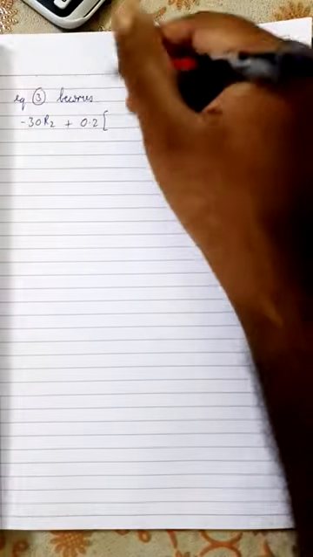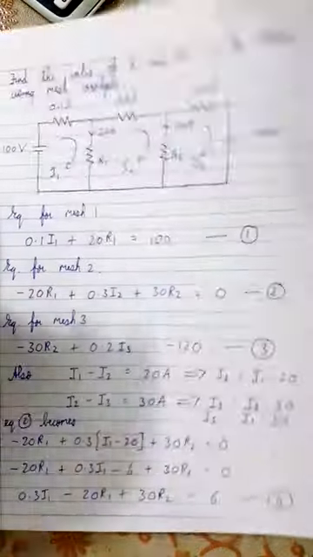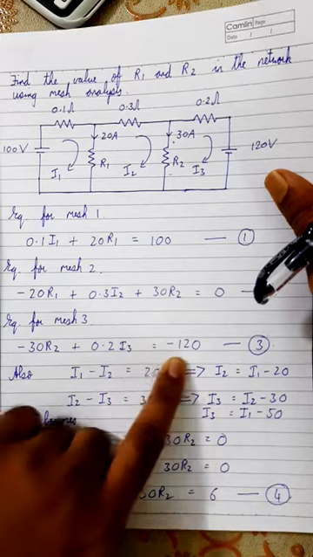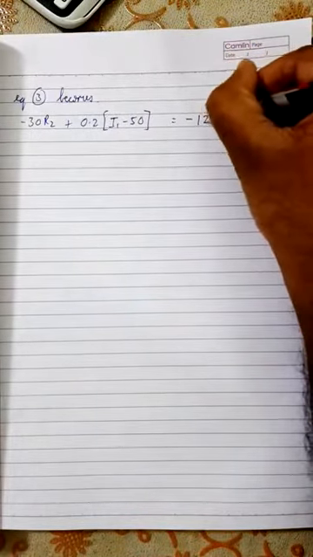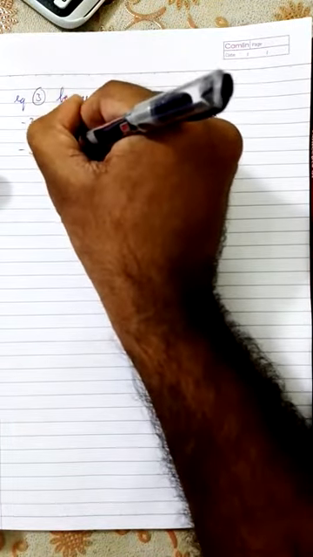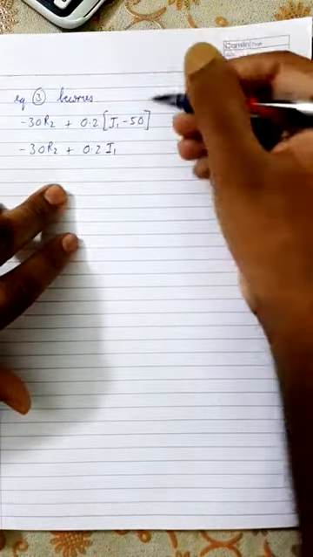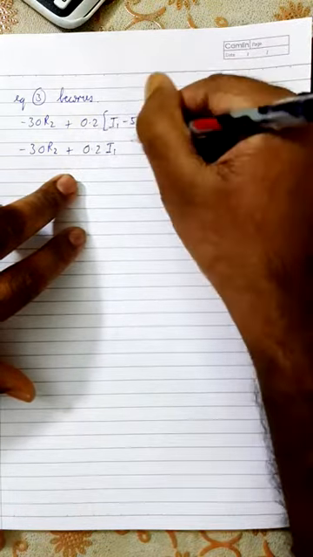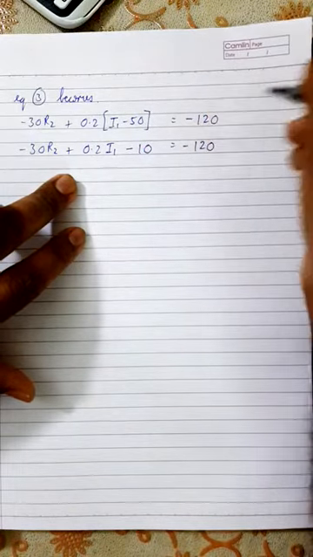So over here I write I1 minus 50 is equal to minus 120. This can also be written as minus 30 R2 plus 0.2 I1 and 0.2 into minus 50. 0.2 into minus 50 is minus 10, is equal to minus 120, right?